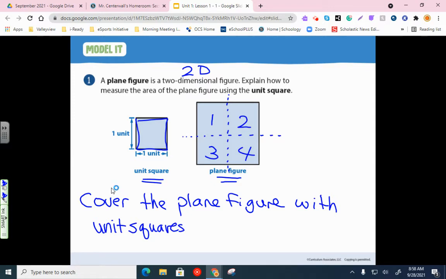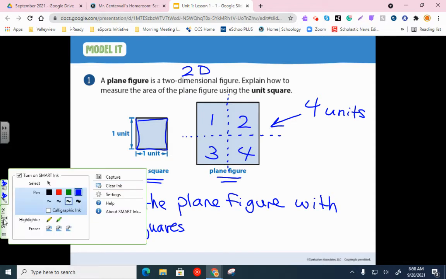And when you measure it that way, you have to make sure there are no gaps between the unit squares that you lay across it, because then it's inaccurate, because the gaps are not measured. So you want to make sure everything's nice and close together. So for this plane figure, this would be 4 units. It's as simple as counting and seeing what's covering there. So that's our two-dimensional measurement of the plane figure.